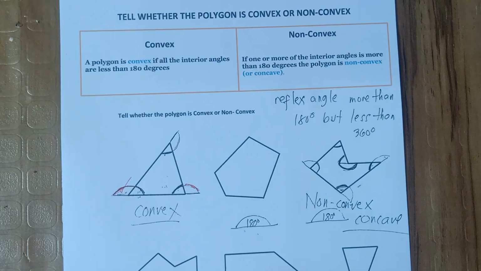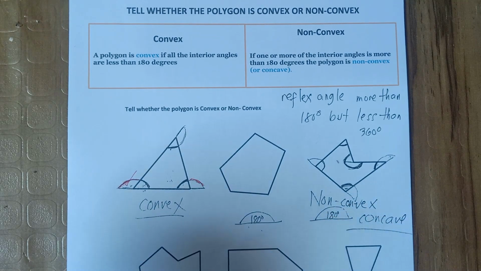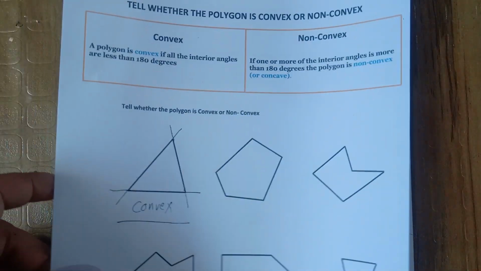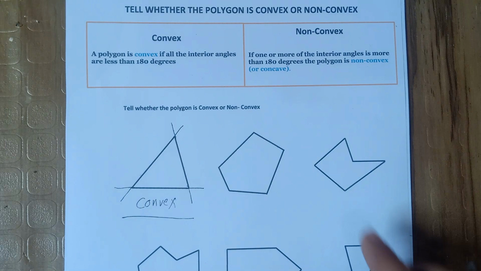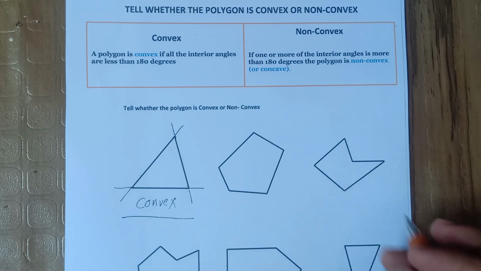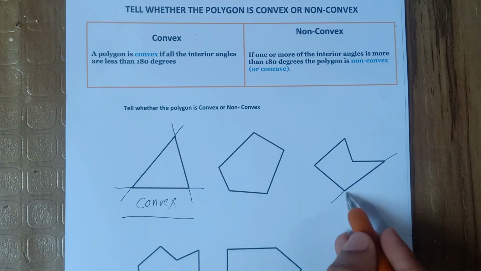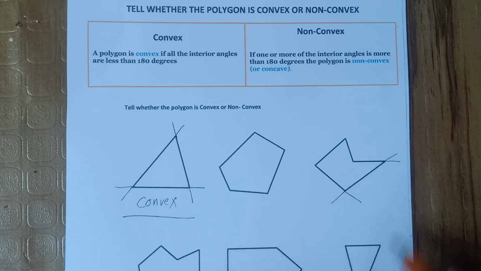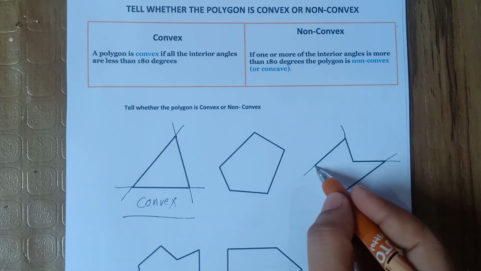But once again, class, it will take time if you do it that way. If you do it this way, it's easy. Just simply extend the line segments. Now, if they intersect inside the polygon, therefore, this is non-convex. So, let's extend this line segment, this one, and this one.